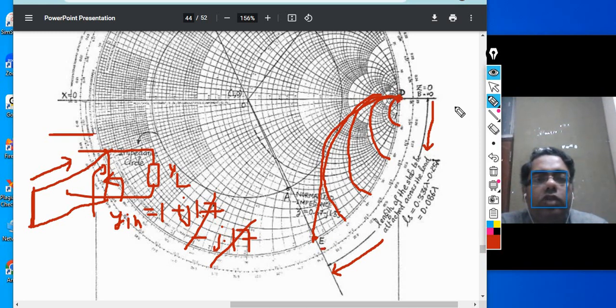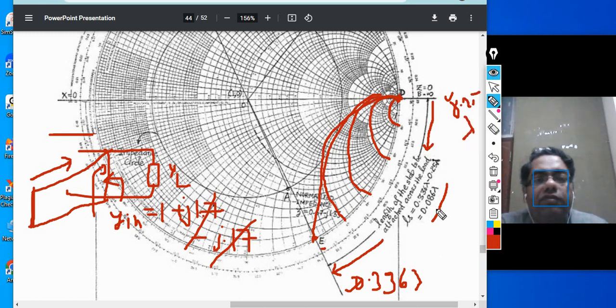So D to E, and this distance is 0.086. You subtract this value and this value in wavelength. 0.336 lambda minus 0.25 lambda. So here it is 0.336 lambda, and this point is 0.25 lambda.